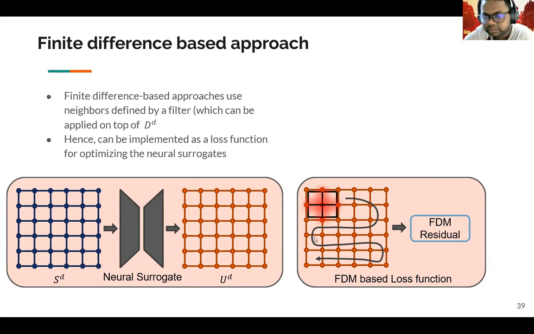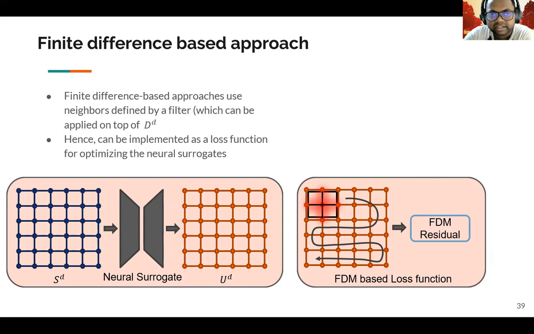Now using SD and UD, you perform FDM-based loss function calculation, where you perform the convolution operation, get all the variables in the partial differential equation, evaluate them for each node, including the derivatives. And then you perform a finite difference-based residual computation. This residual is minimized by using traditional gradient descent approaches, which we have looked at in the previous session. So this is about finite difference.